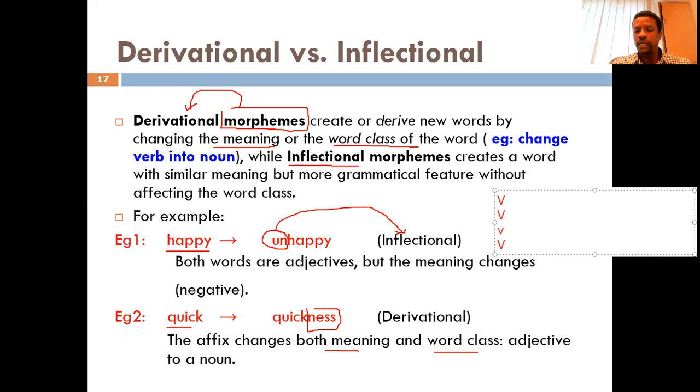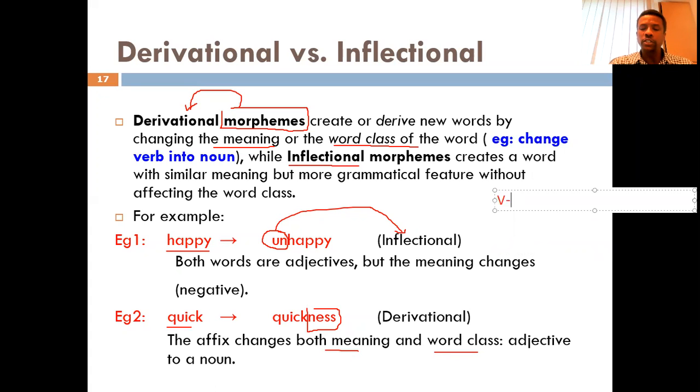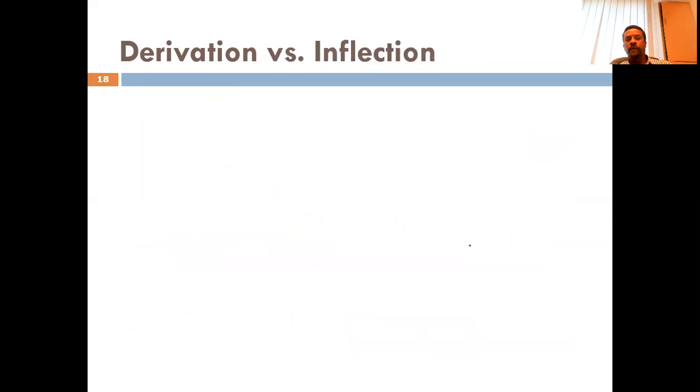In that case, we say it is an inflectional morphology. If it is derivational, then it might change the verb into a noun or an adjective into a noun or whatever. Whenever it makes such a change, then we call it a derivational morpheme, okay?